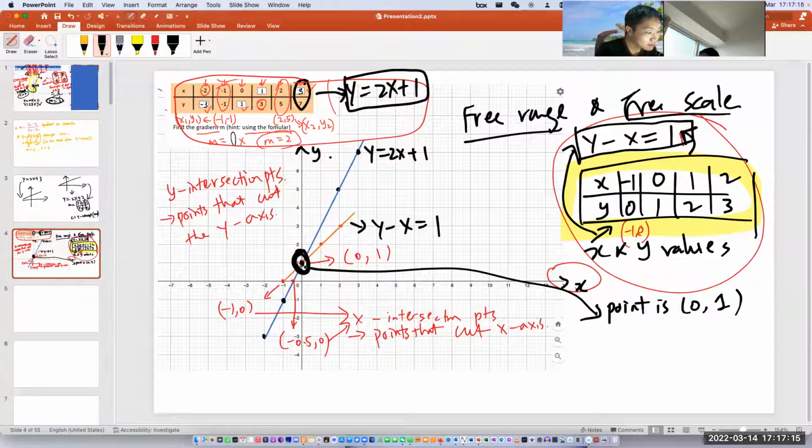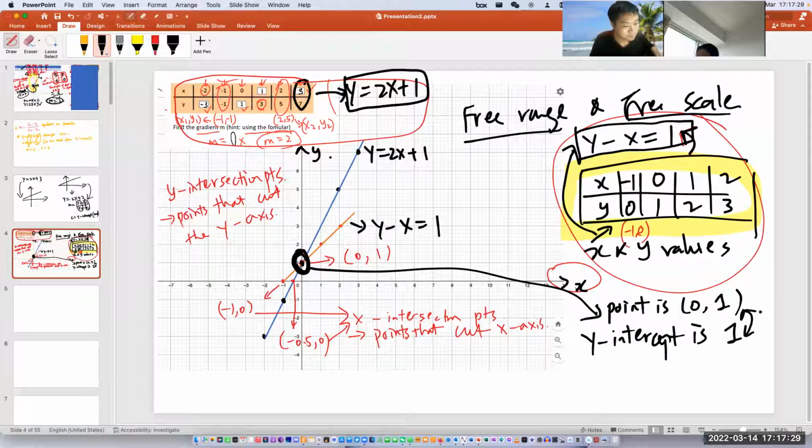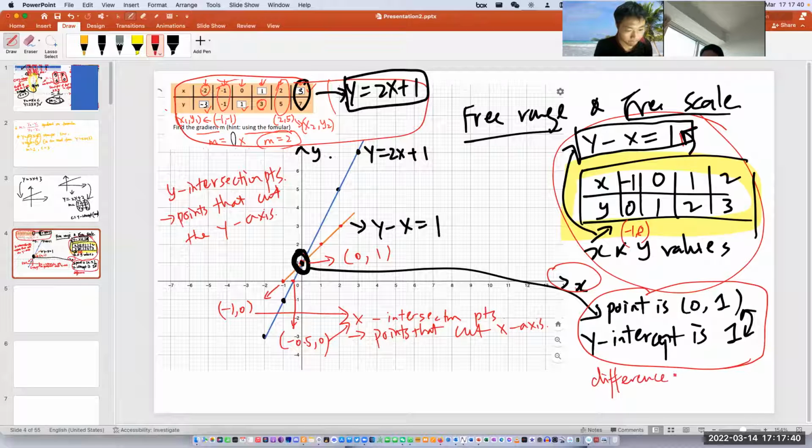But this y-intercept is 1. What's the difference between these two statements? Any idea?